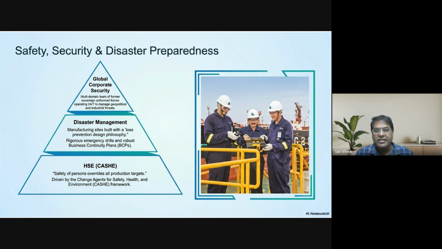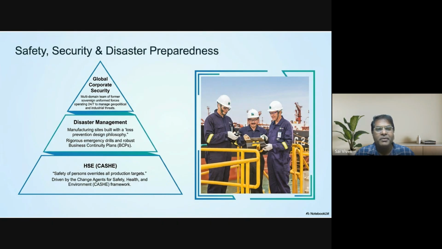The next one would be disaster management: manufacturing sites built with a loss prevention design philosophy, rigorous emergency drills, robust business continuity plans. These are adopted to prevent or to manage disasters. Disasters can't be prevented. An earthquake can't be prevented.